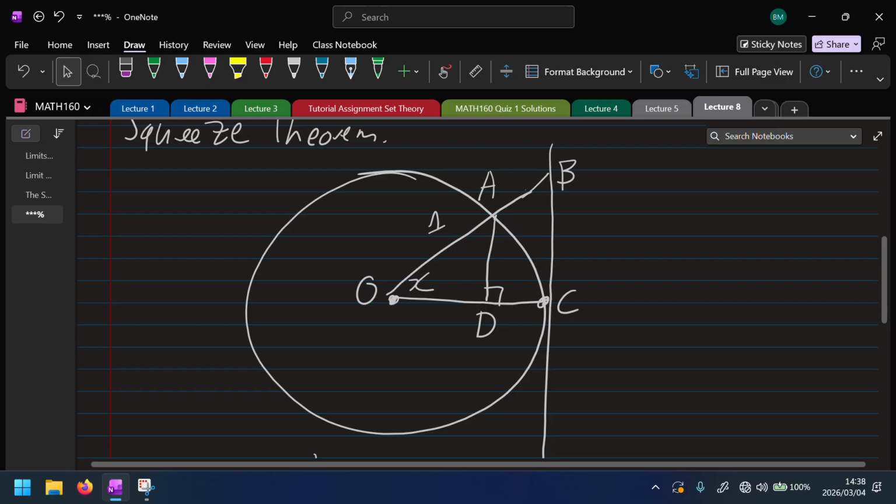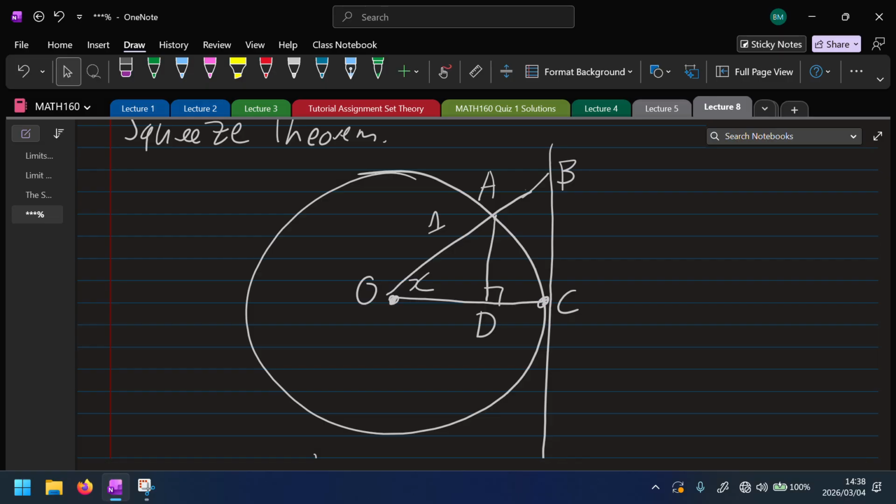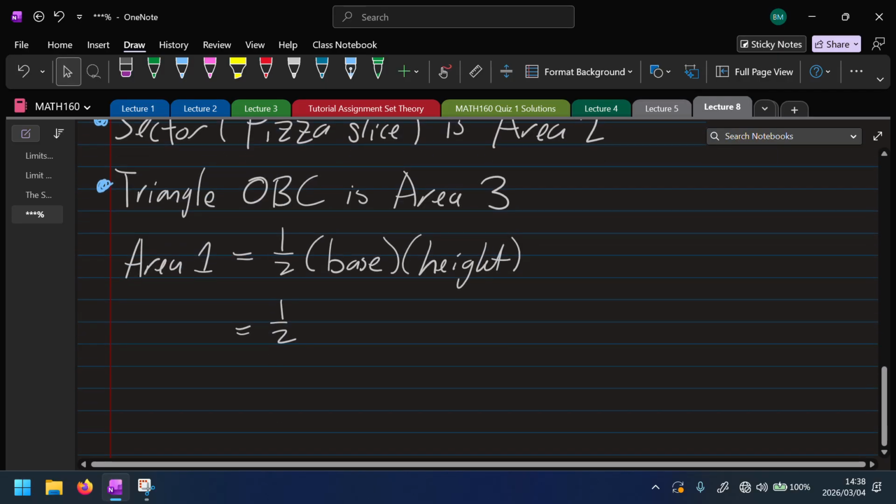The hypotenuse there is 1 of the right angle triangle. So the side length OD is going to be cos x. Does everyone see that? The height of the triangle is AD. The hypotenuse is 1. So AD will be sine x. So the area is half cos x sine x, half base times height. Yeah. Everyone see that?